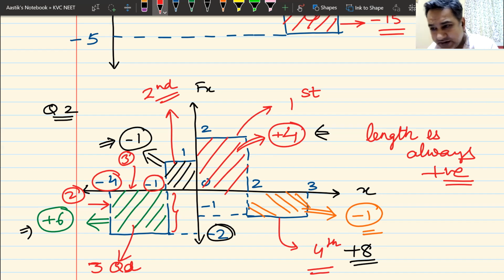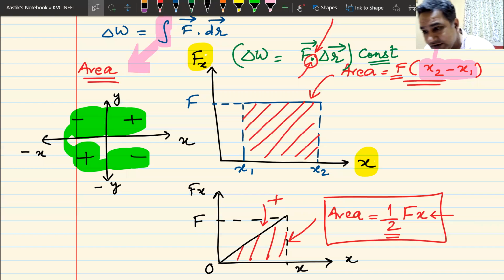I'm making it positive and negative because of the dot product. And to understand that dot product, I have given you the concept that if the area lies in the first quadrant, it is positive. Second quadrant, it is negative. Third quadrant, it is positive. And fourth quadrant, it is negative. Can I have some raised hand that we understand this? Great. I hope that you don't make the same mistake.